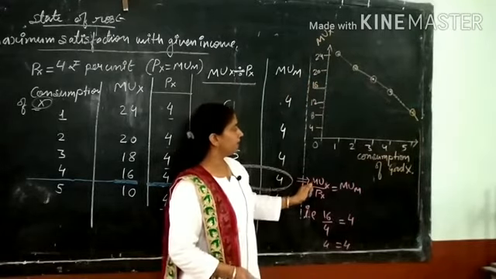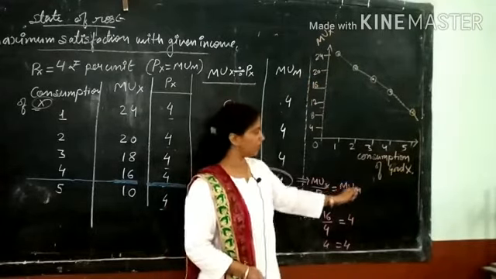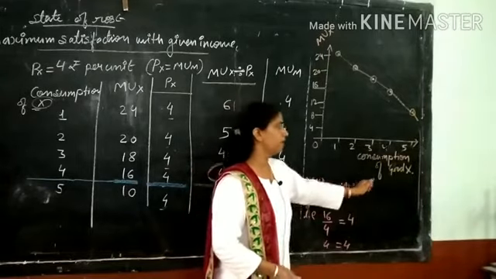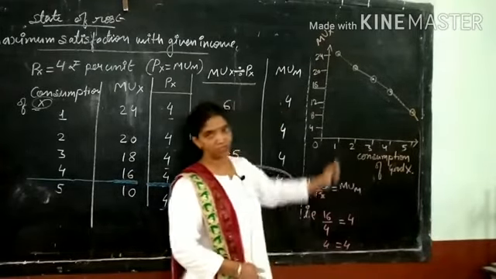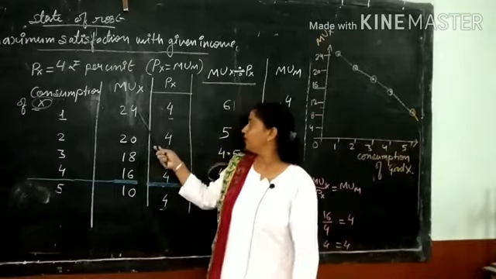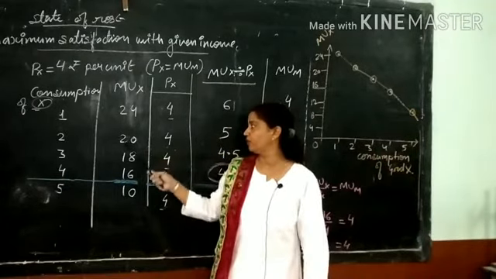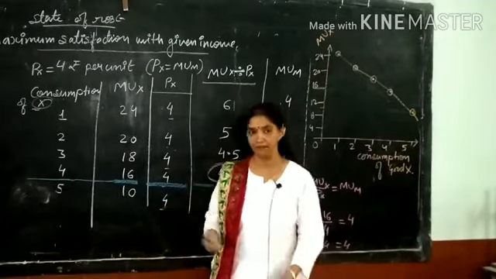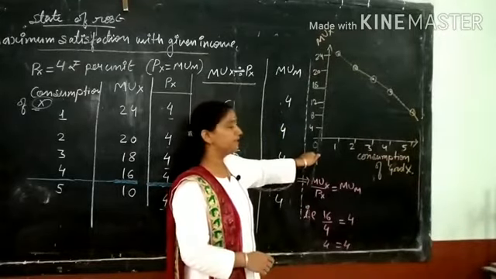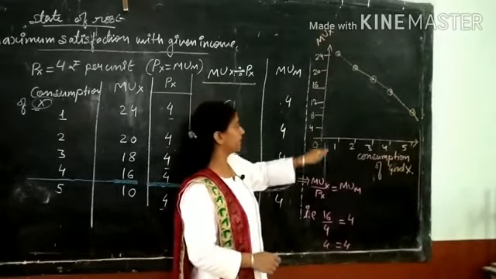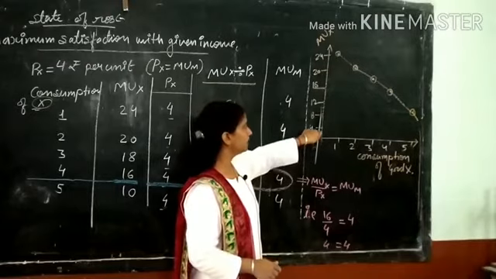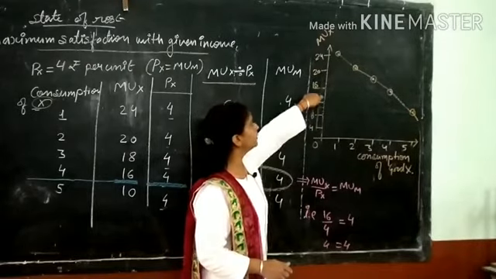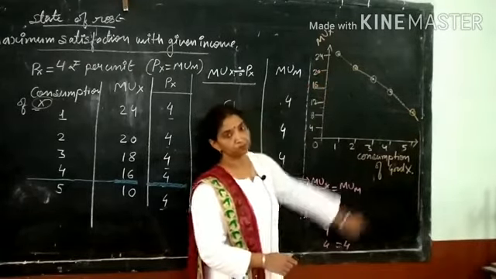Okay. Consumption of the commodity is 1, 2, 3, 4 and 5 units. And the marginal utility is mentioned as 24, 20, 18, 16 and 10. So, I have taken the difference of 4 units: 4, 8, 12, 16, 20 and 24.